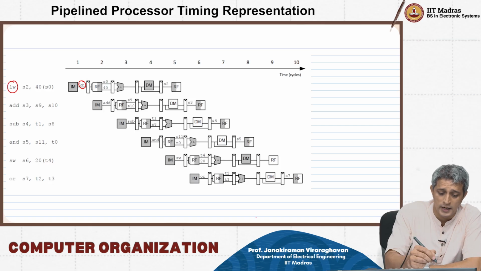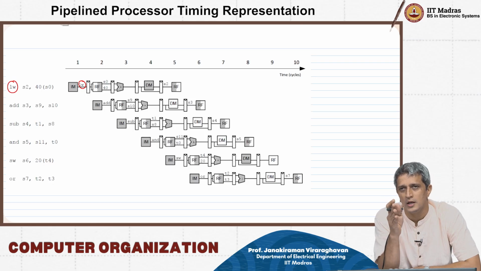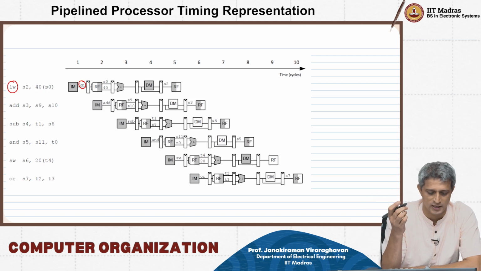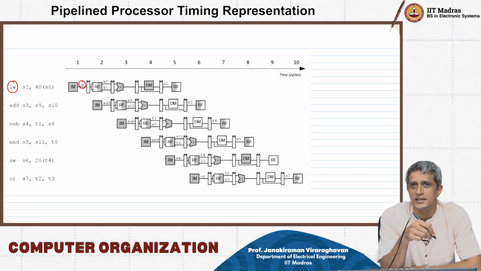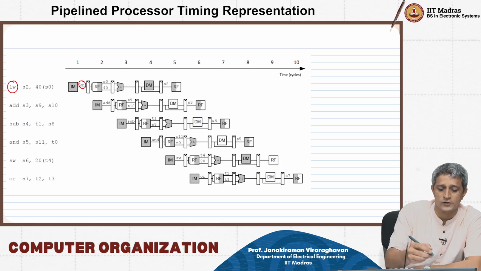Now what you have done is, you have done the register file decode in the next clock cycle. RF decode is telling you what the read registers are, and also the control block has finished decoding signals. In this case it's an immediate type of instruction, so you are going to do S0 plus 40.